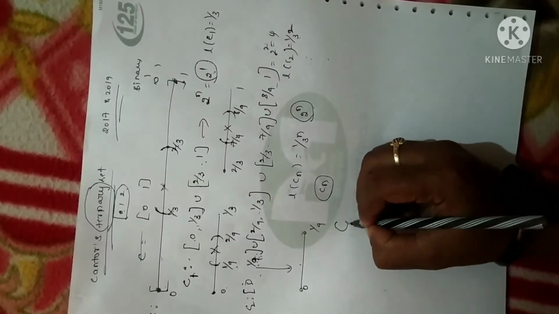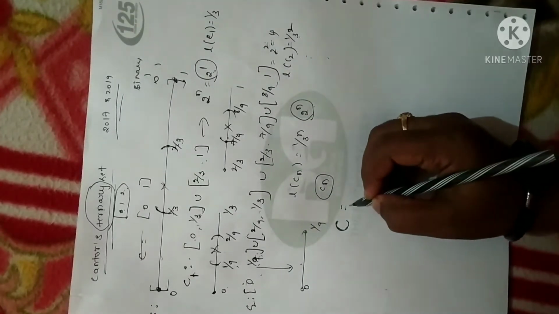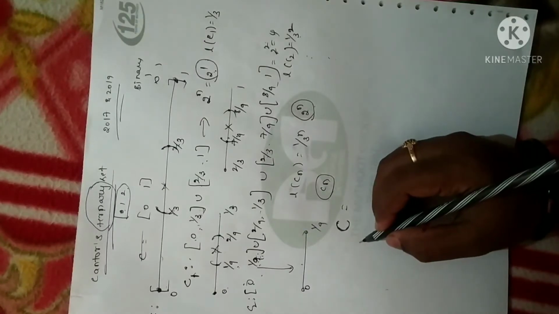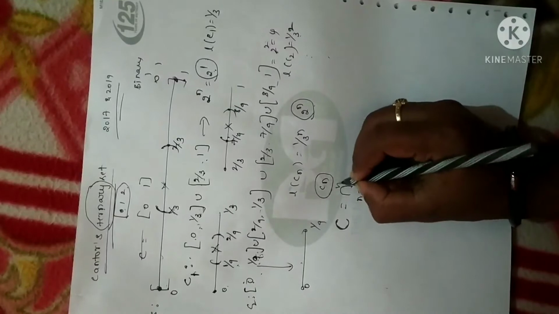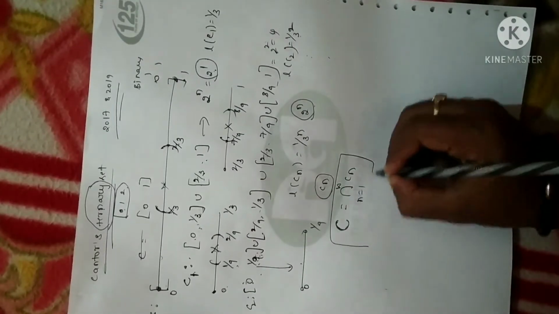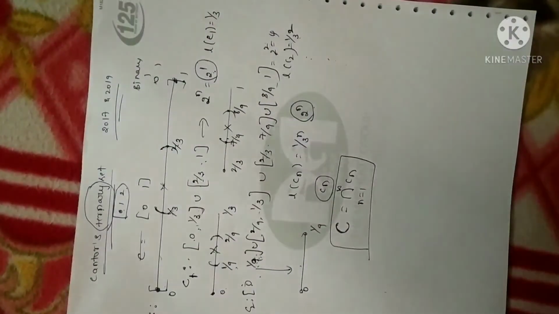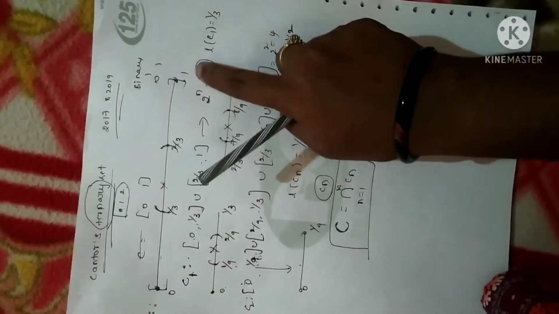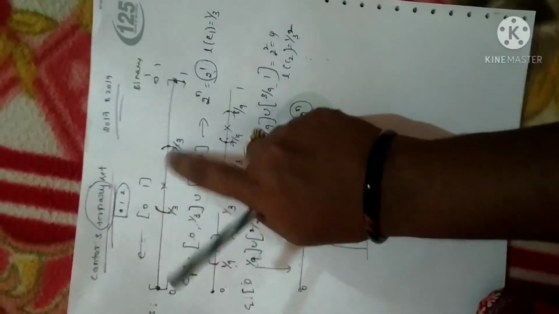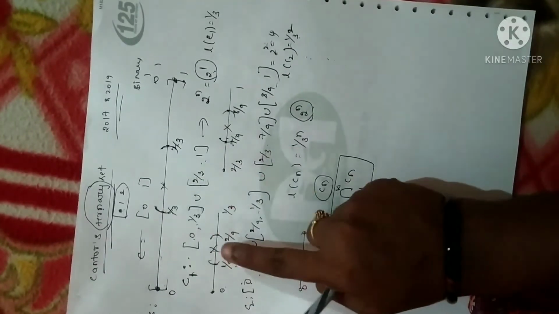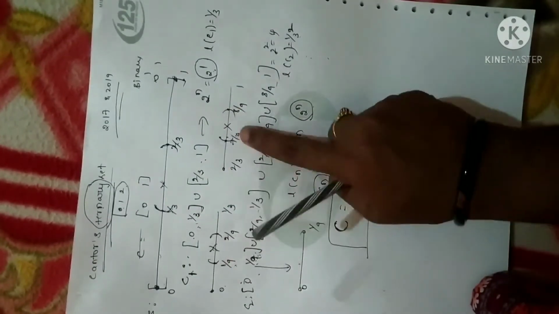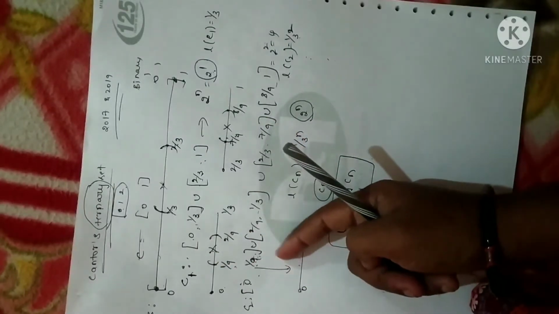So I can define my Cantor ternary set, let me represent it with C. I can define C as the intersection of all those Cn's. Remember, I'm repeating once again. C1 is obtained by dividing the 0, 1 closed interval into 3 parts and removing the middle part, which gives 2 intervals. Similarly, the obtained intervals are again divided into 3 parts, and I get 2 intervals for each.